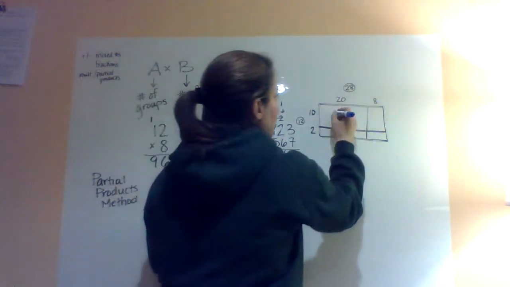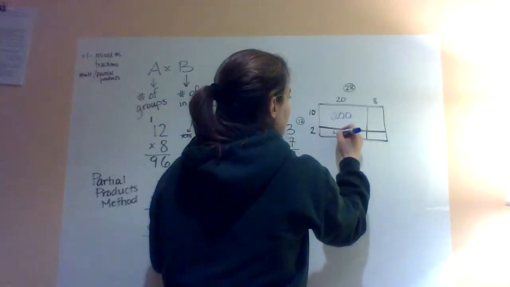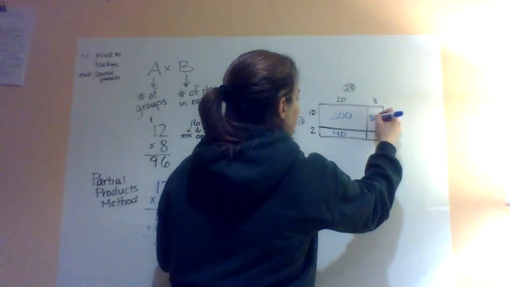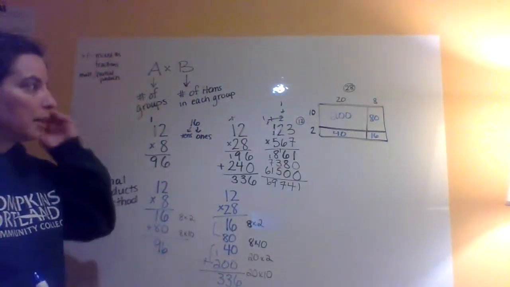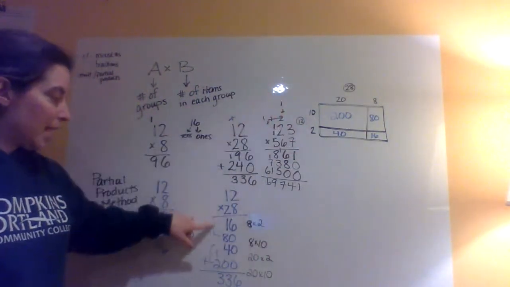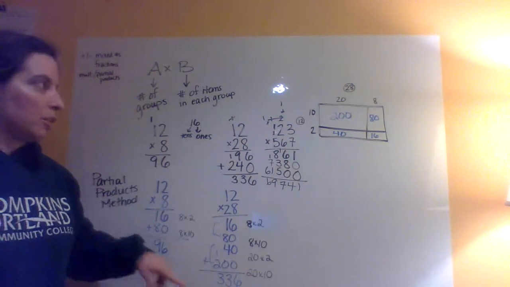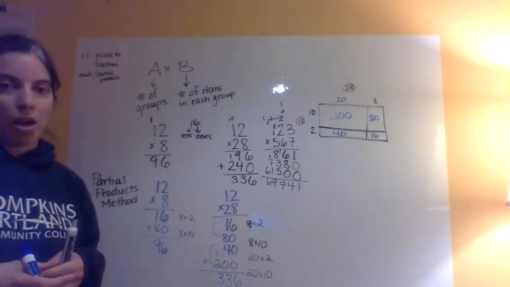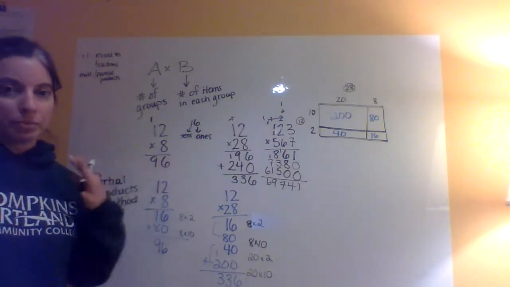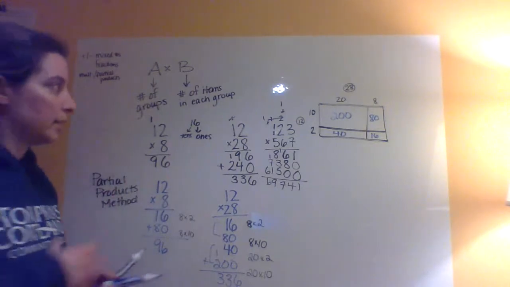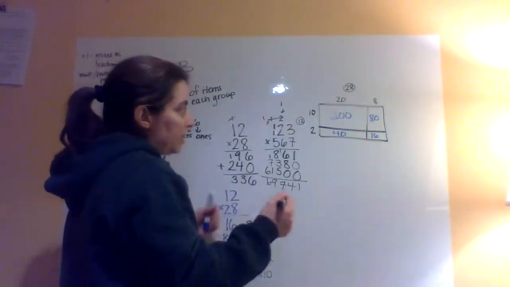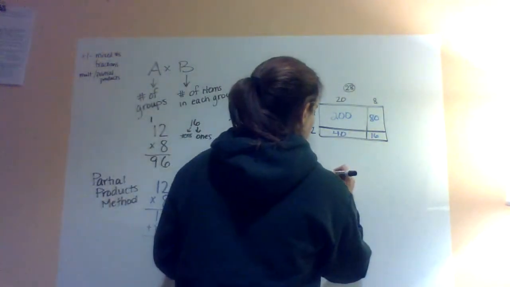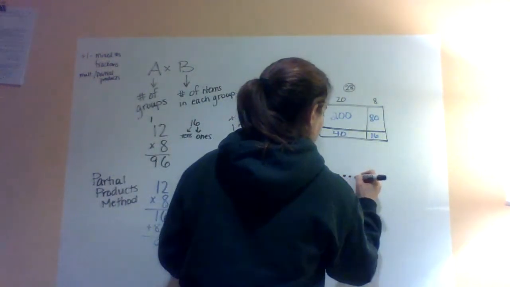If I fill all of these in, you can see there's my 16 and my 80, my 40 and my 200. So it's a visual way to show that I am splitting it up by place value.